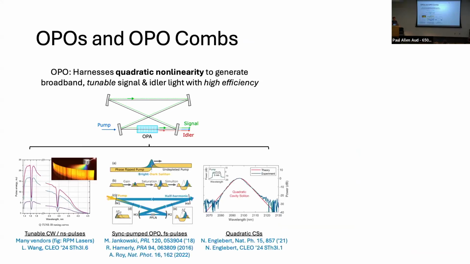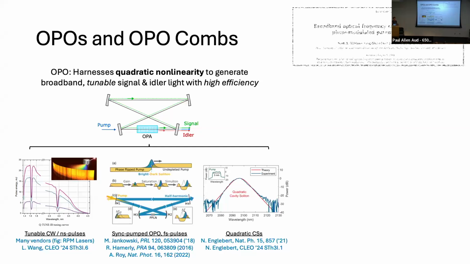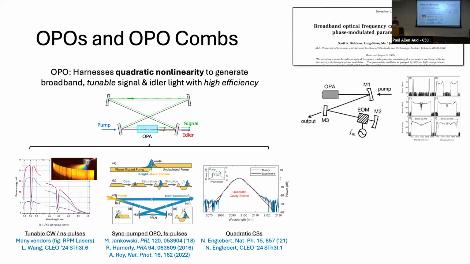There's been a lot of work into how you would take the CW dynamics and make it work at many frequencies simultaneously. One paper that I think really stands out is the idea that we take a CW pumped OPO and put a phase modulator in the cavity.